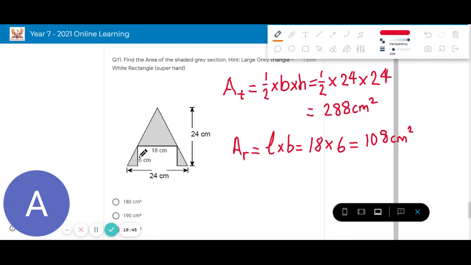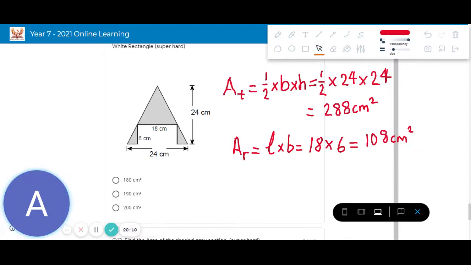That's not included. We don't want to include this rectangular area here. So we do want to include the triangle, but we need to subtract this section. So 288 is the triangle's area, and we're subtracting 108, which is the area of the rectangle here. So we end up with an area of 180.